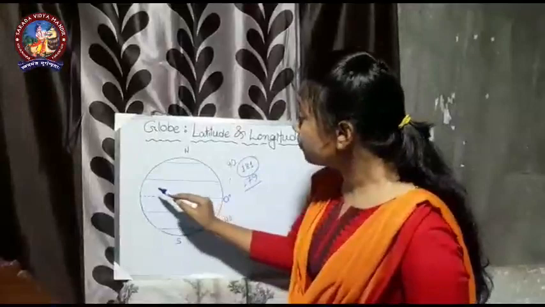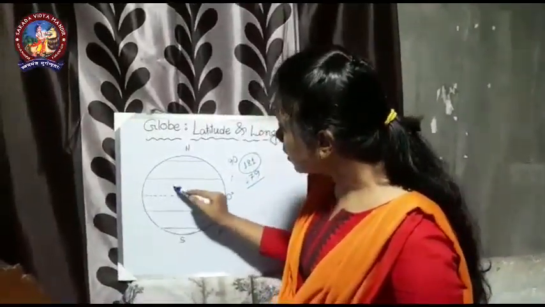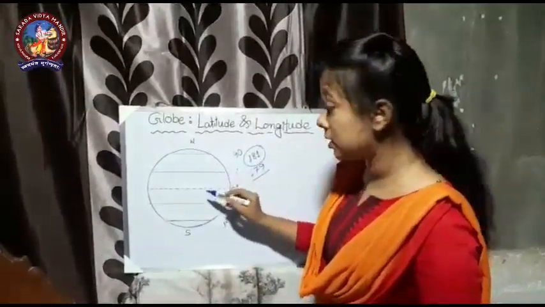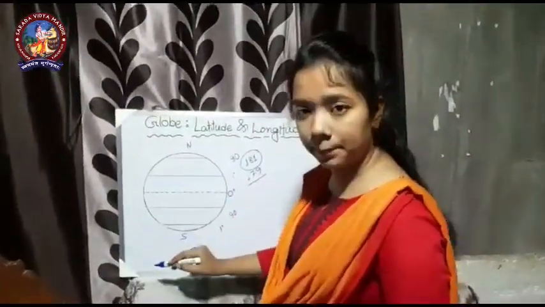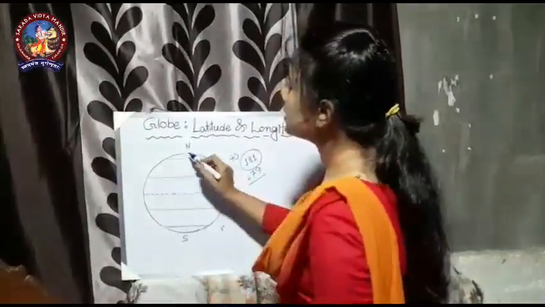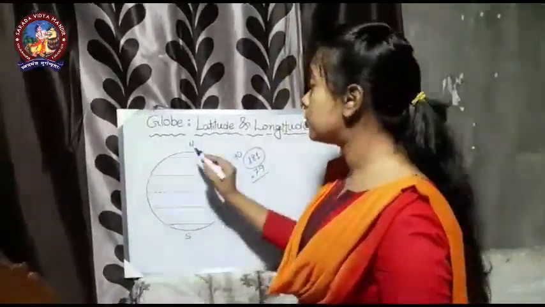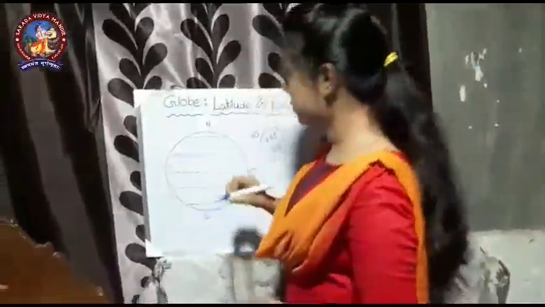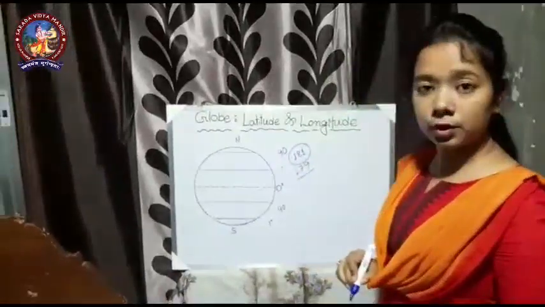Before that, we need to know that the difference between two parallels, or two latitudes, is always the same. But the length of the latitude decreases towards the poles, and at the North Pole and South Pole it becomes a point. Okay.